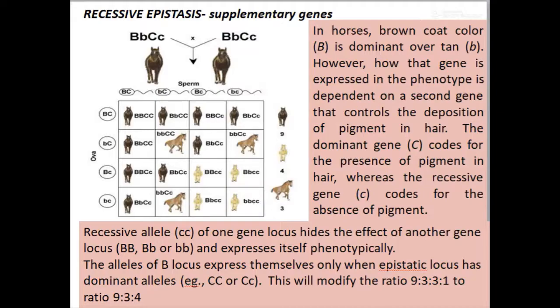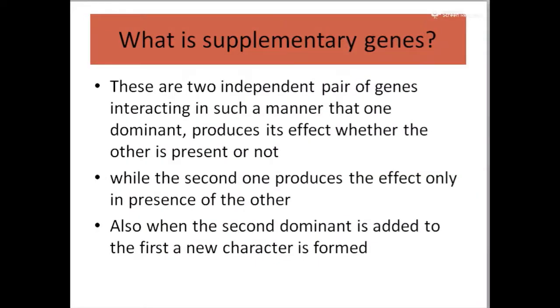So in a supplementary gene, you consider two independent pairs of genes which interact so that one remains dominant and produces its effect whether the other is present or not. The capital letter B will produce its effect only if a capital letter C is present. And the second one produces the effect only in the presence of the other.